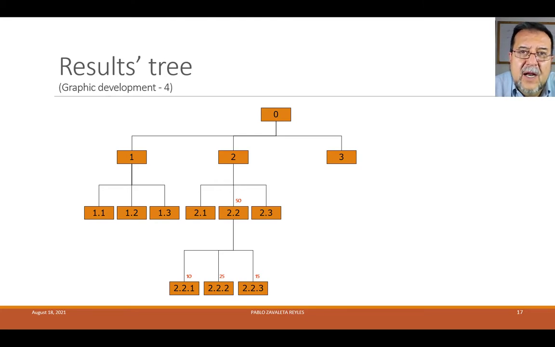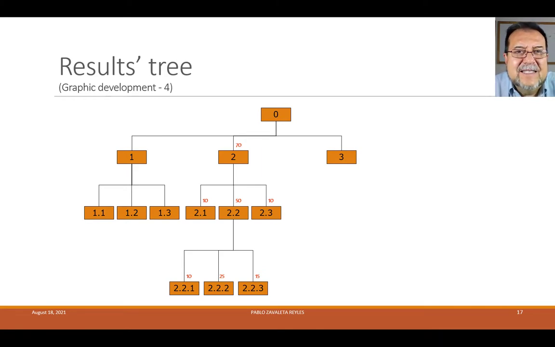If we put the numbers for results 2.1 and 2.3, which are in this example 10 and 10, you will get that result number 2 costs us 70.